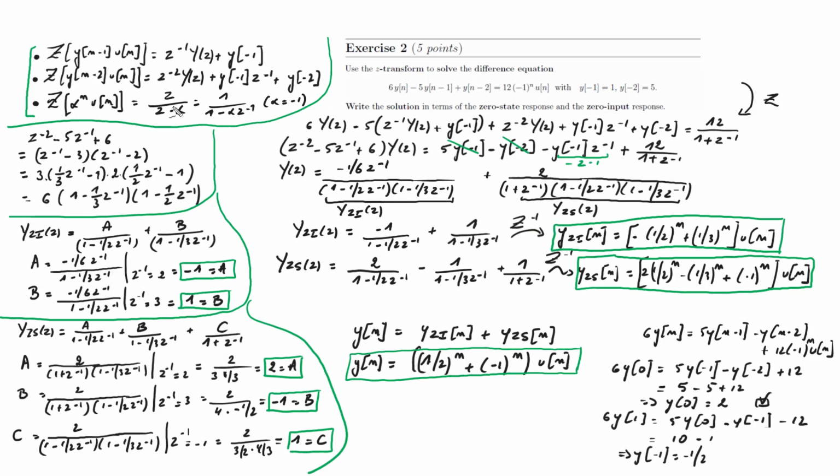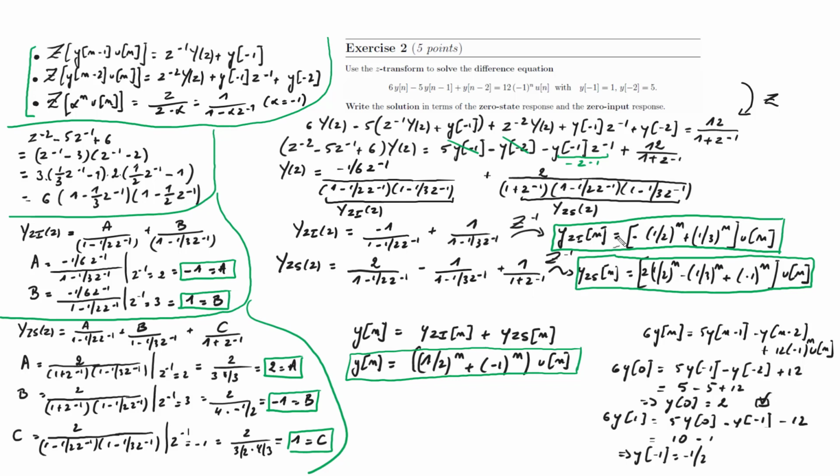It's quite easy. You use this expression over here. Here you use it with alpha equal to a half. Here with alpha equal to a third. Similar here. And then here you have to use it with alpha equal to minus 1.